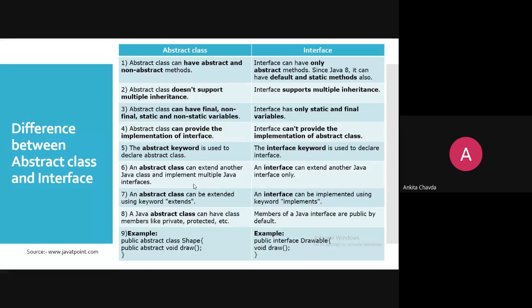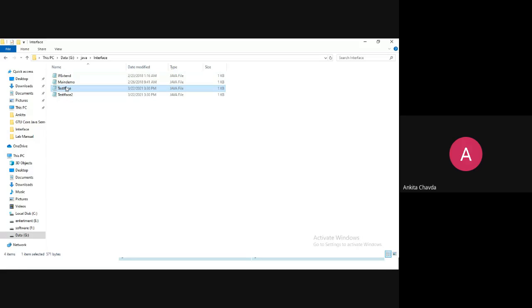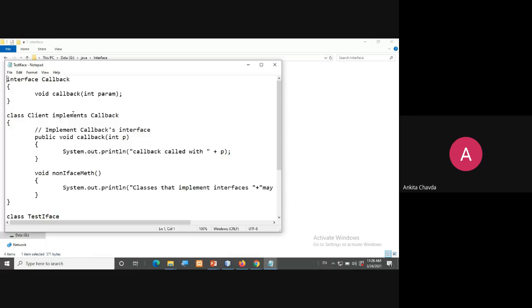Okay, before looking at this, I'll show you another example. First is the test interface. Here I have an interface, callback, with one method, void callback, which takes an integer parameter. Now I have a class, client, which implements this callback interface.